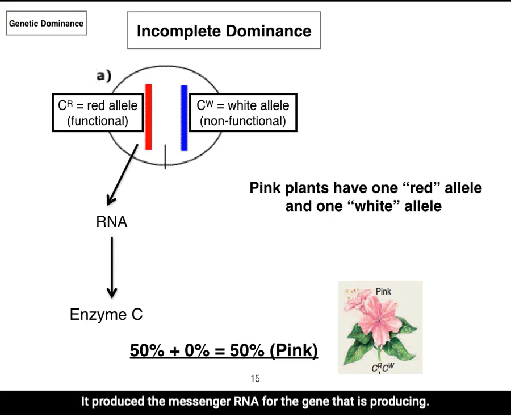The messenger RNA for the gene that ultimately produces enzyme C is made, but only at 50%. Therefore, the plant will have 50% of the enzyme and 50% non-functional color. This time, the petal color will blend between the two parental plants, the red and the white, producing a pink petal color.